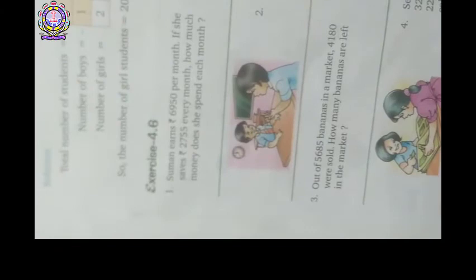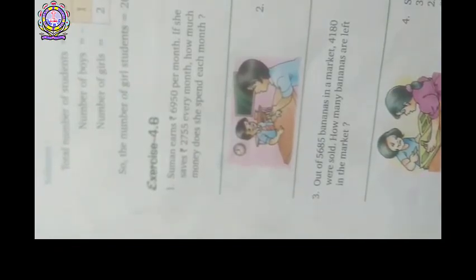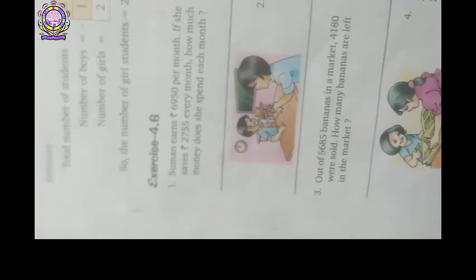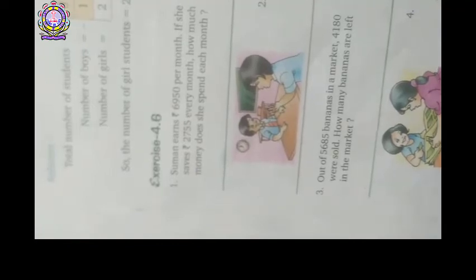Total bananas are 5,685 and the number of bananas sold is 4,180. If we subtract the number of bananas sold from the total number of bananas, we will find how many bananas are left. Okay, students.